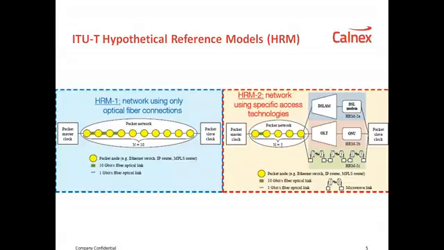The first thing to understand is that the ITU-T specifies some framework hypothetical reference models, or HRMs. The first is a network using only optical connections with up to 10 switches, which is called HRM1. HRM2 is a network which is a mix of a packet network, here specified 5 optical switches, with a mix of access technologies, a variety of microwave, GPON, or DSL technologies in the access.